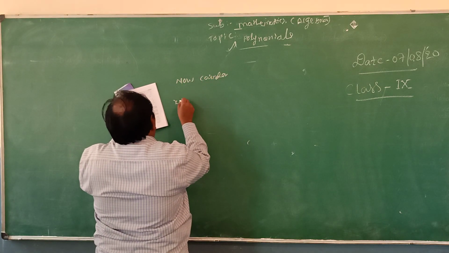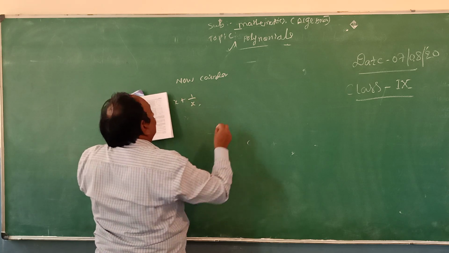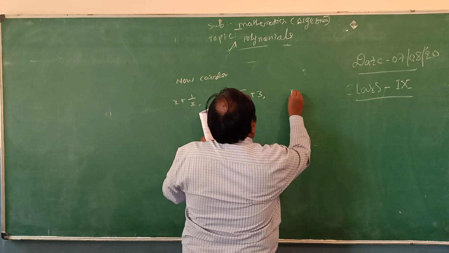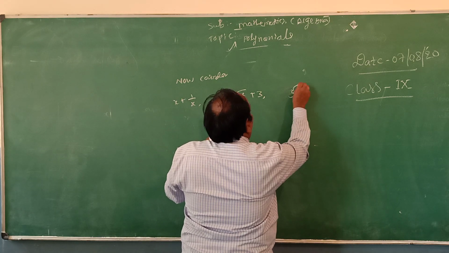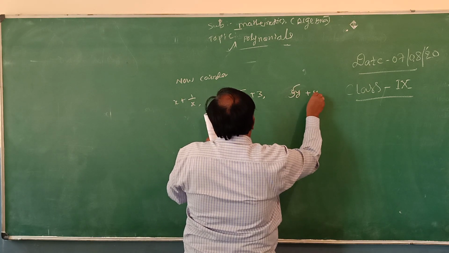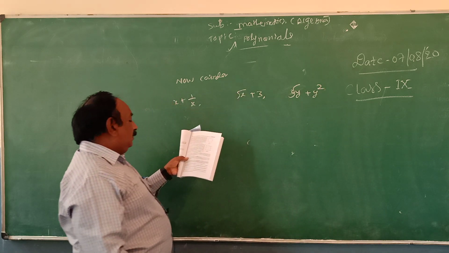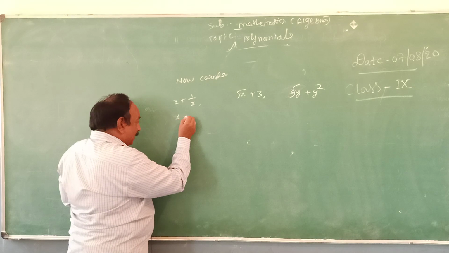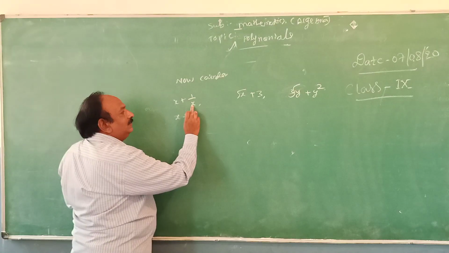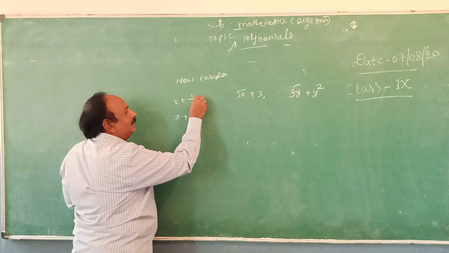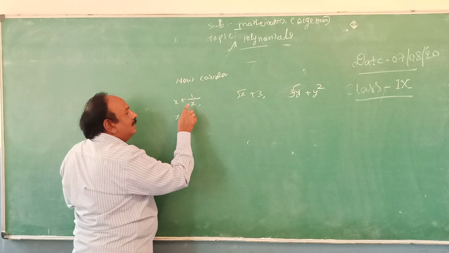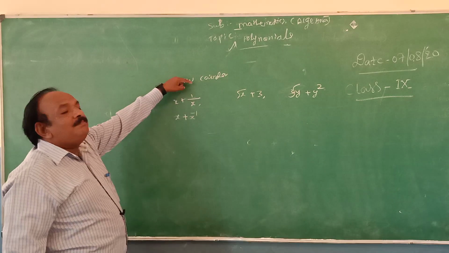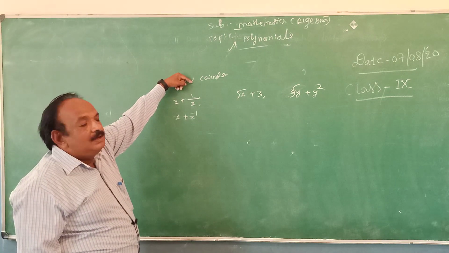Now consider x plus 1 over x, root x plus 3, and cube root of y plus y square. Can we write x plus 1 over x? When x in the denominator is taken to the numerator, the exponent 1 becomes minus 1.